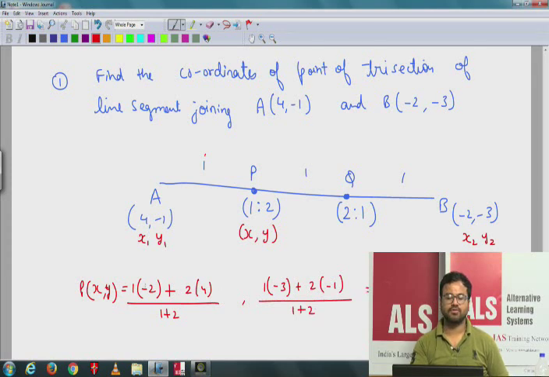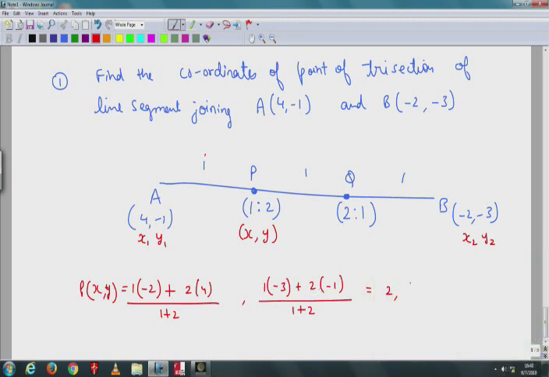If you solve this, it becomes 8 minus 2, which is 6 over 3, which is 2, and minus 3 minus 2, which is minus 5 by 3. So this is the coordinate of point P.